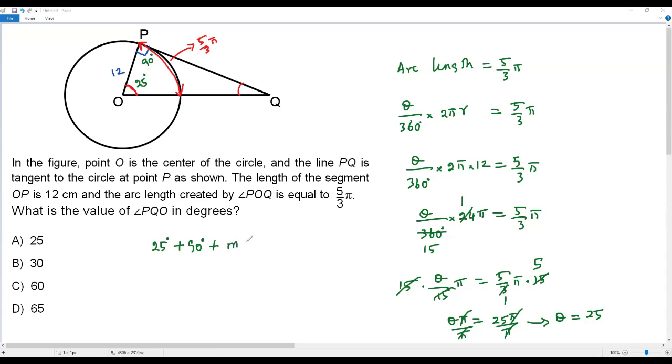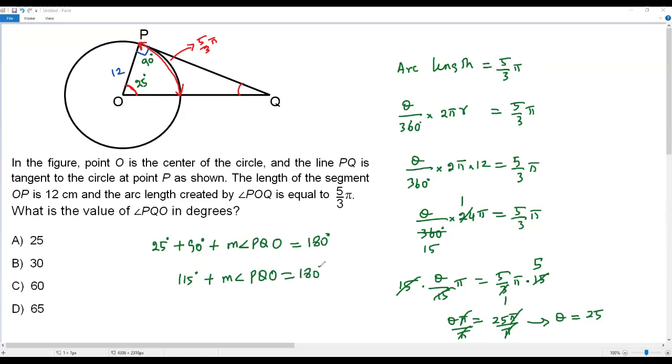Let me write it, measure of angle PQO. That's what we have to find. It equals 180 degrees, because these are the three interior angles of a triangle. In any triangle, the three interior angles add up to 180 degrees. So when I combine 25 and 90, I am getting 115 degrees plus measure of angle PQO equals 180 degrees.